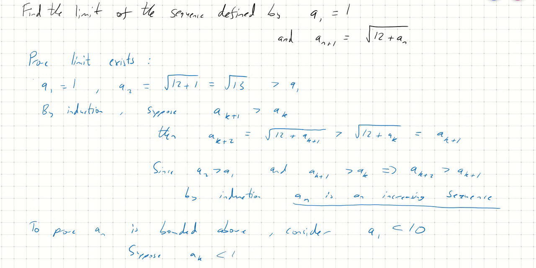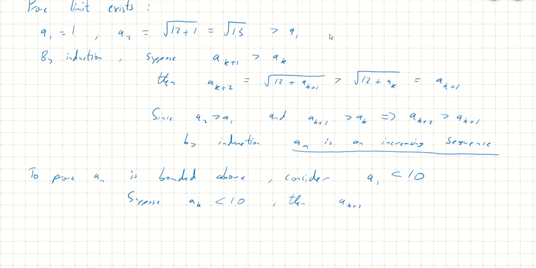Suppose a(k) is less than 10, then a(k+1) equals the square root of 12 plus a(k), and since a(k) is less than 10, this is less than the square root of 12 plus 10 equals the square root of 22, which is less than 10.